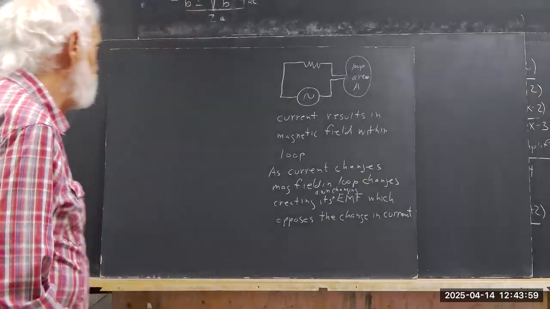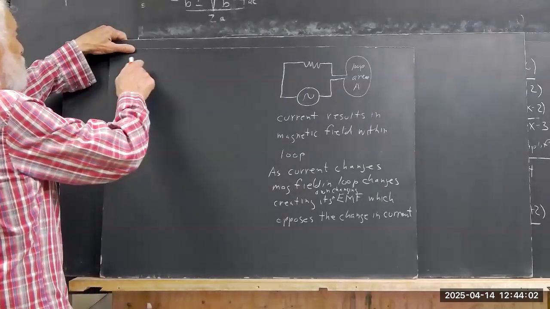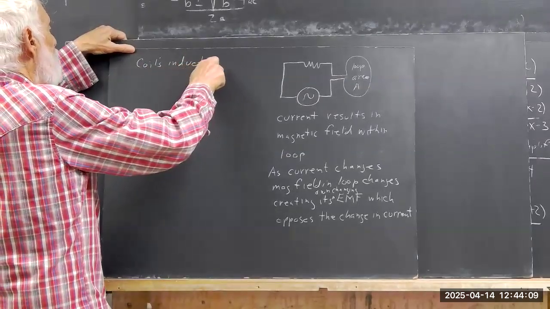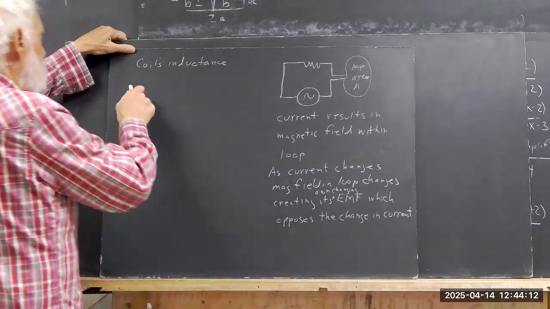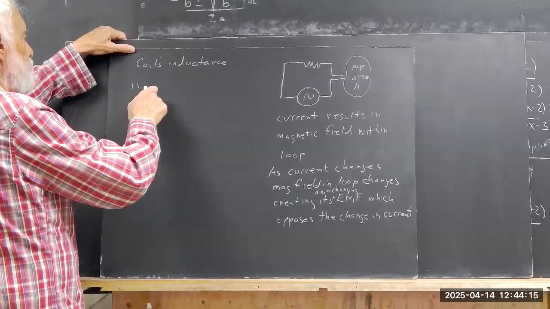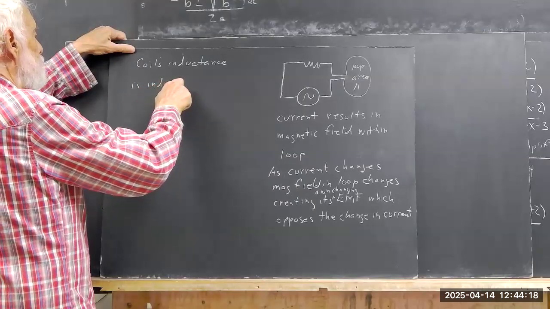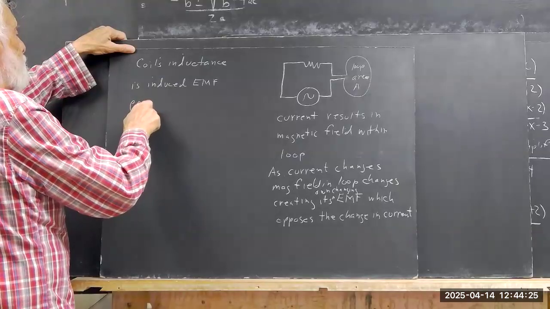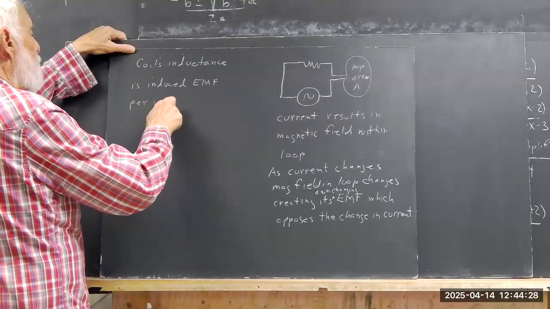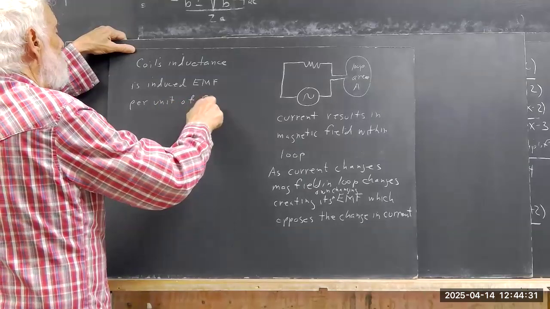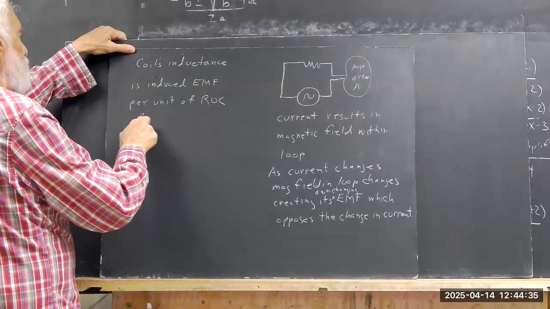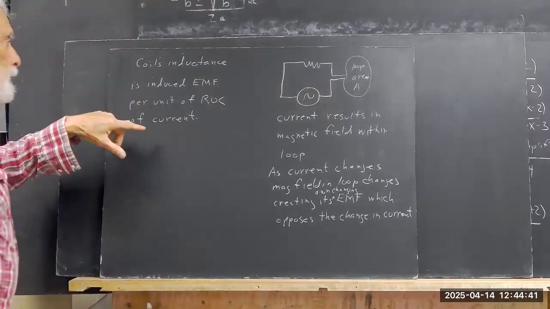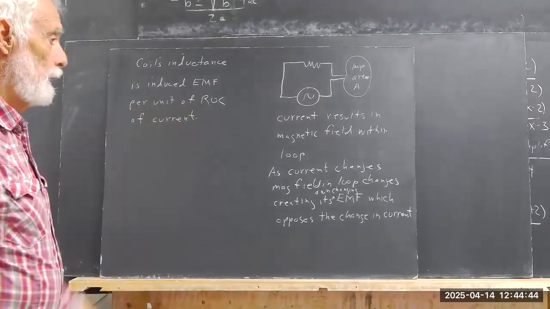I can write that out. Inductance of the coil is the induced EMF per unit rate of change of current.